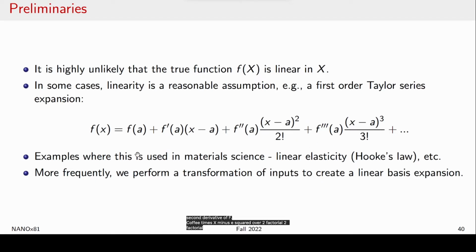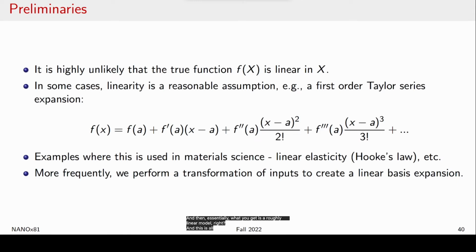So this is basically my Taylor series. Now, if the displacement is small enough, you can always ignore your higher order terms, and then essentially what you get is a roughly linear model, right? And this is of course a very frequent approximation that we use quite frequently in physics, in chemistry, and in material science, right?